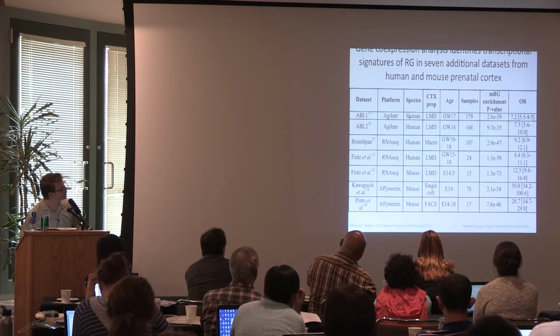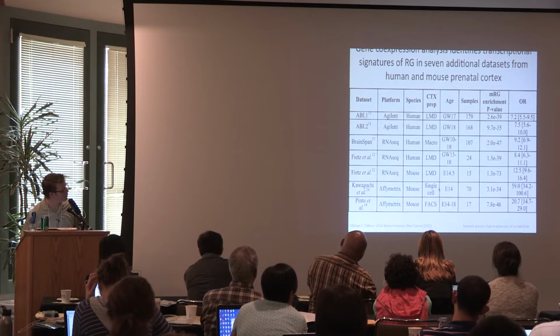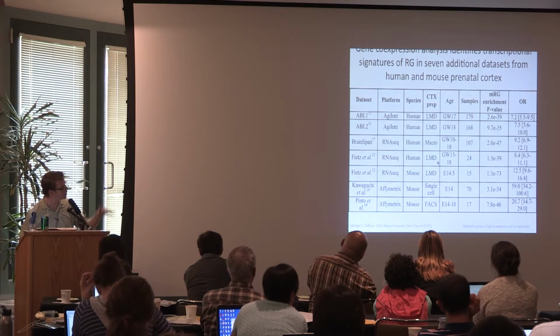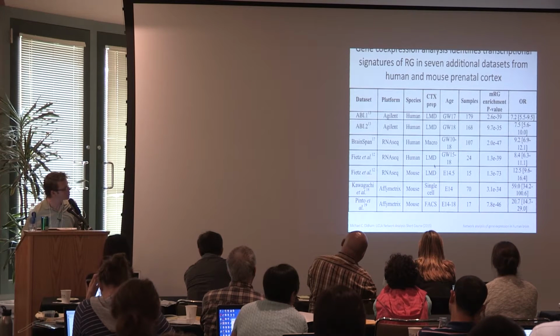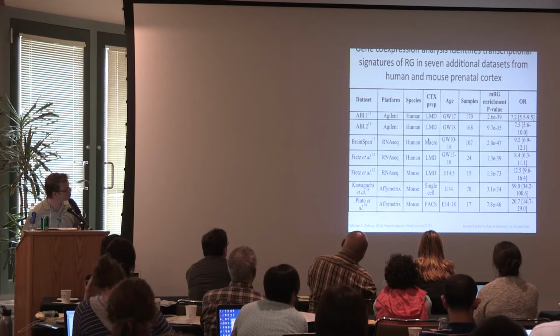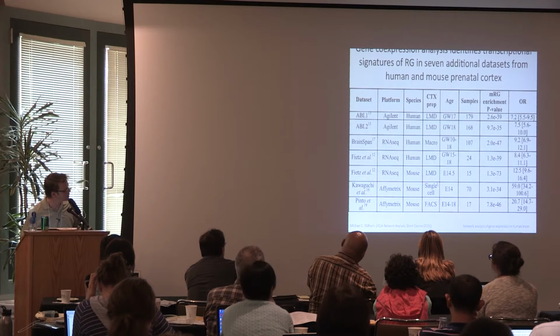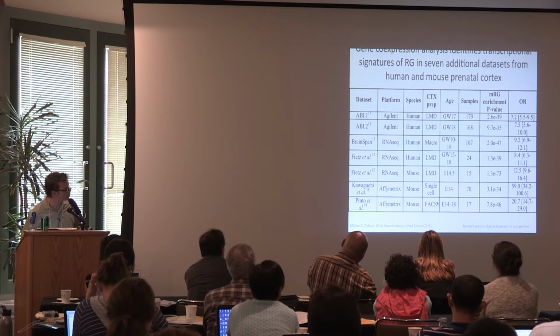And for mice, I found these 3 data sets, and these are from E14 to E15, which is comparable to the ages we're looking at in humans in terms of cortical development. And I effectively built co-expression networks in each data set. And you can see these are really heterogeneous, right? You've got different technology platforms, you've got different sampling strategies, so laser microdissection, macrodissection, single cell analysis, FACS sorting.